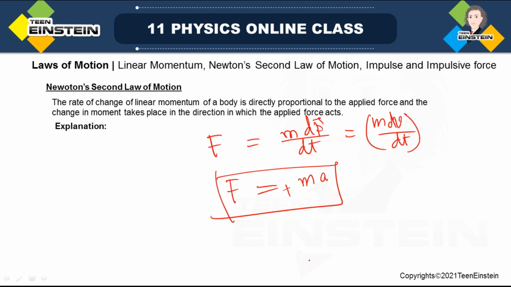F is equal to ma. That means if you apply an external force to any object, it will change its velocity, so there will be an acceleration arising in that object.